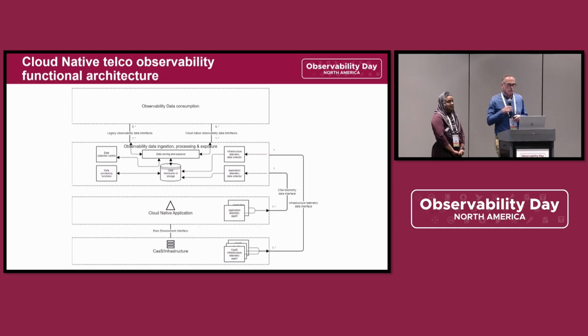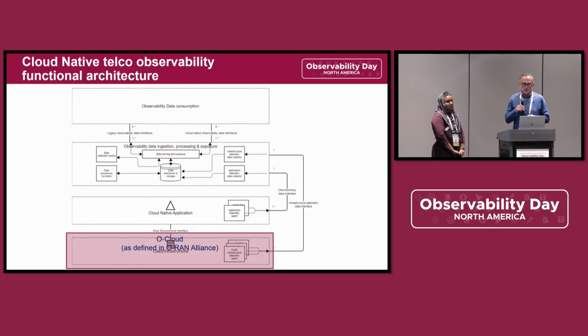And this is also, especially when it comes to telco applications, a big paradigm shift, which is now represented in standardization. For those of you who are a little bit familiar with telco standardization, in this architecture, you can see that, for example, the lower layer is represented in the standards specified by the O-RAN Alliance that would comply to the O-Cloud, which is specified there.